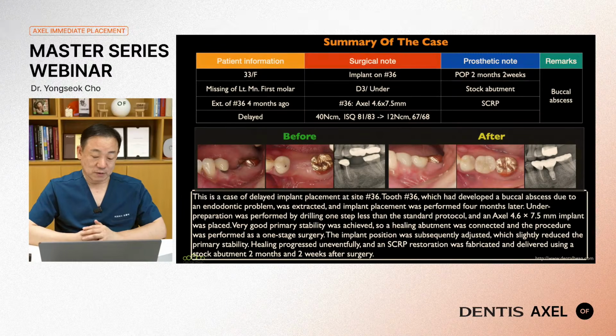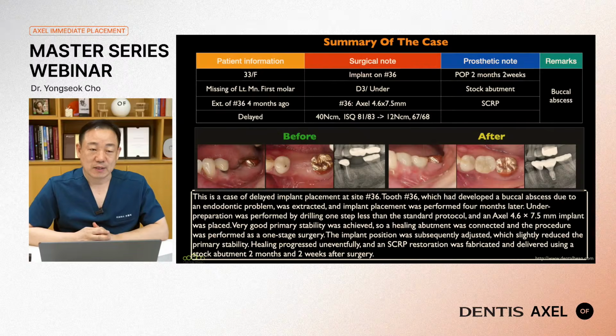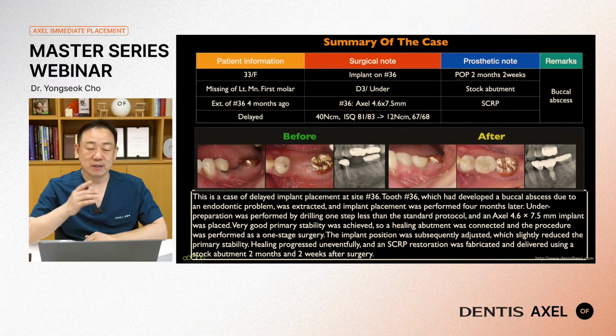Okay, this is a delayed implant surgery case. I performed flapless surgery. So this is my routine surgery after extraction when it is not an indication for immediate placement. Usually I extract the tooth, wait 3 to 4 months, reevaluate, and then do surgery very simply.